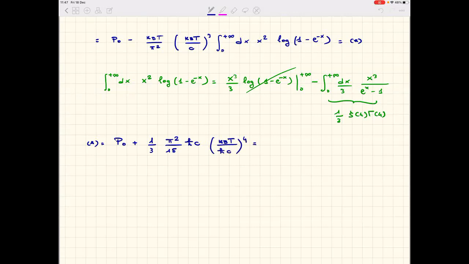So this is essentially P naught plus 1/3 the energy density that we calculated before, E of T divided by V. Okay, so this is the pressure.